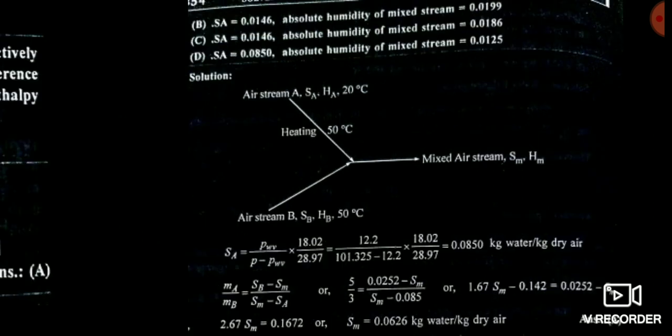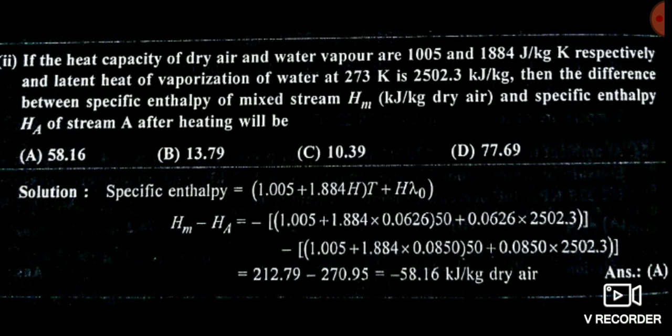Here friends, I have denoted the S3 as SM. S3 we have taken in the previous questions as the resultant absolute humidity of the mixture, and here it is denoted with SM. So SM will give the resultant humidity of the mixture. So you can calculate the SM value, that is 0.0626.